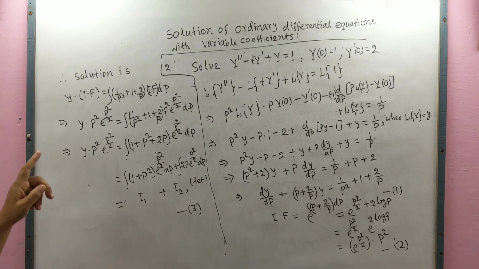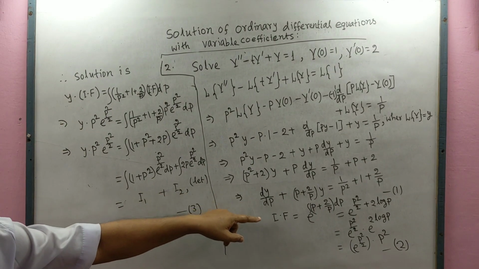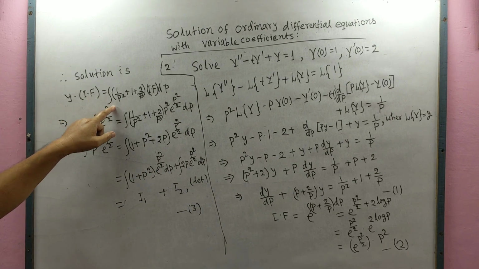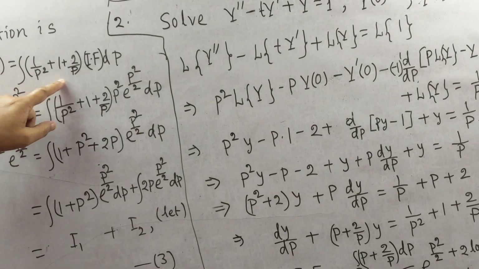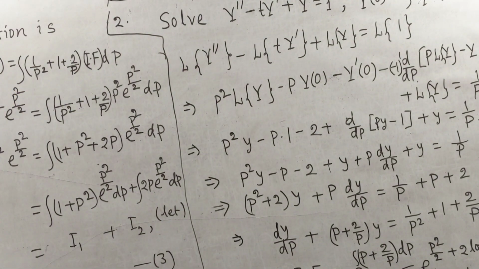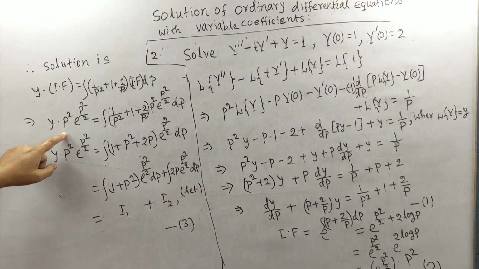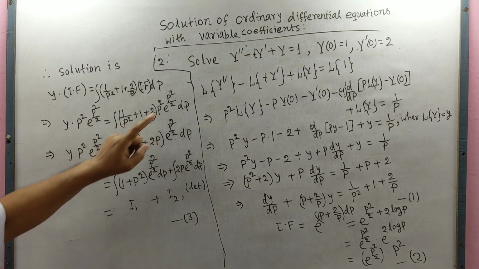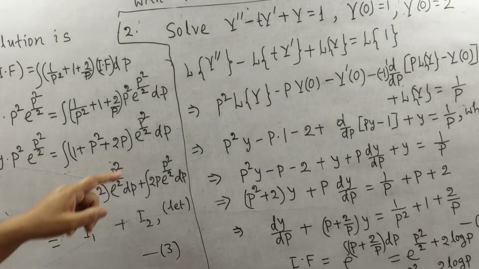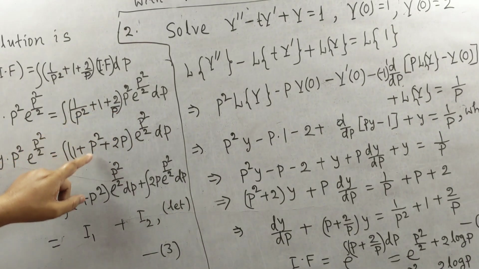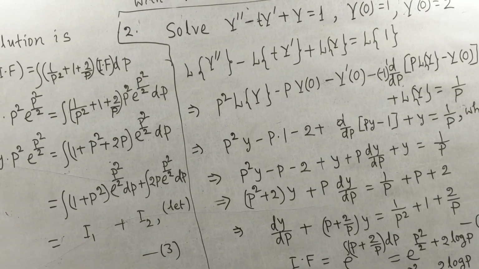Now the solution is y into the integrating factor equal to integration of the right side into the integrating factor dp. The integrating factor is p² into e to the power p²/2. After multiplying p² here, we get 1 plus p² plus 2p.